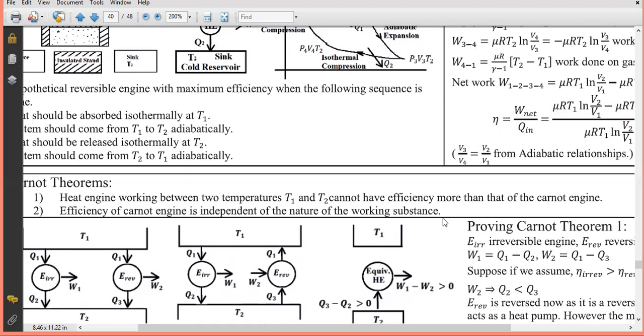In the example which I gave you, diesel and petrol, I said the temperature produced by diesel is higher, the temperature produced by petrol is lower, and that's why I said the efficiency for diesel is higher. That might be confusing, but according to Carnot, if diesel and petrol were producing the same temperature, then both will produce the same efficiency. It doesn't matter what fluid you have, it will produce the same efficiency.